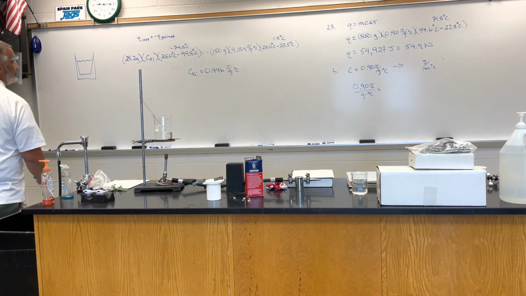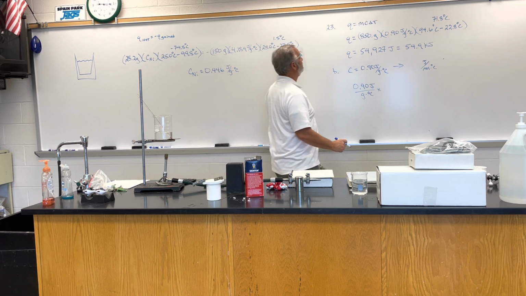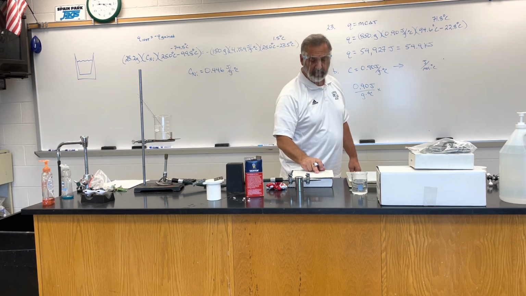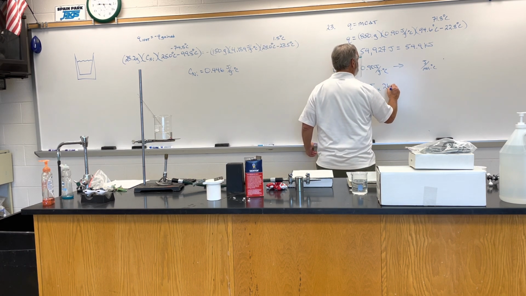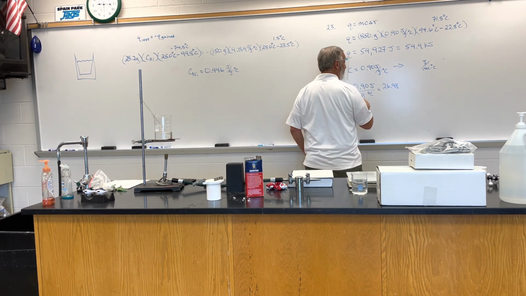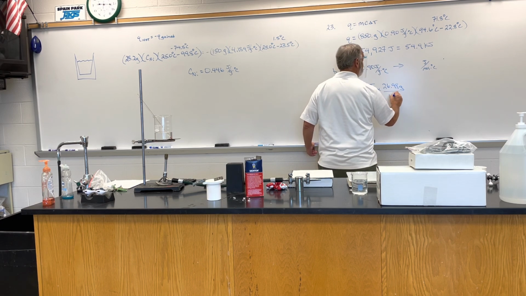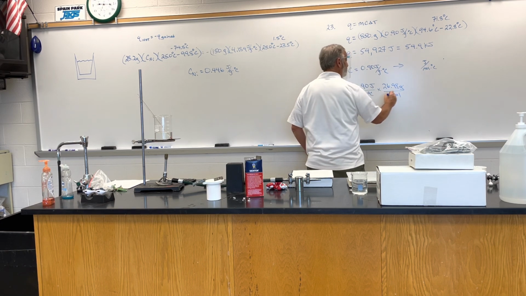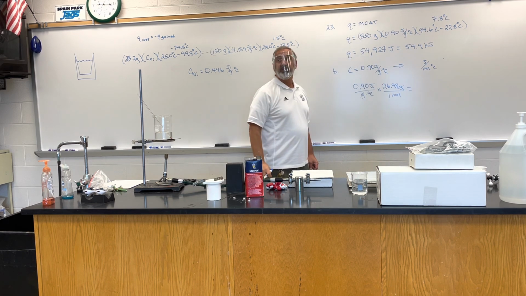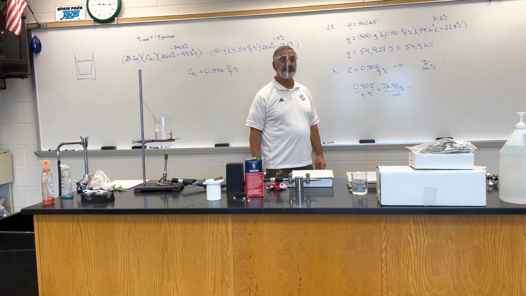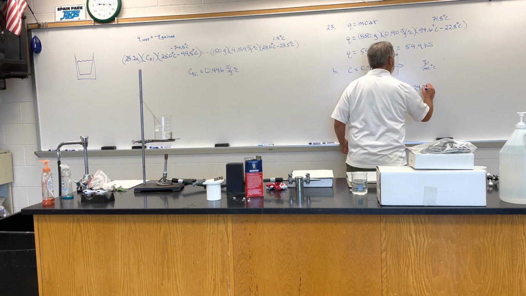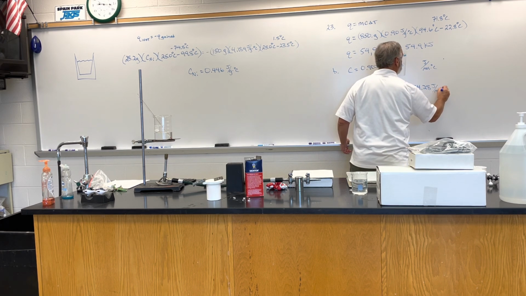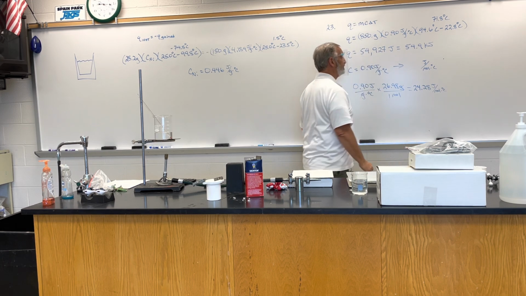Is that the aluminum we're working with? Which one? Aluminum, okay, so we're at 26.98. That helps. 26.98. Grams is on the bottom, so I want grams on top, moles on the bottom, so grams cancel. That gives me what number? 24.28, and that's going to be joules per mole degrees Celsius.